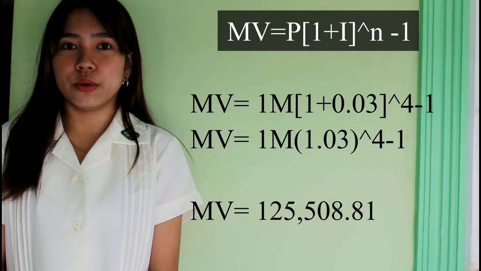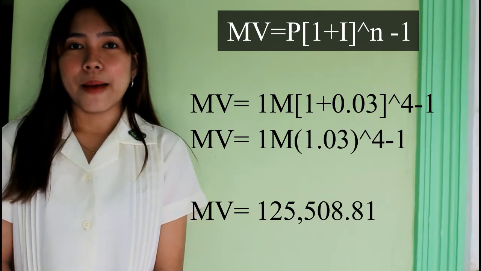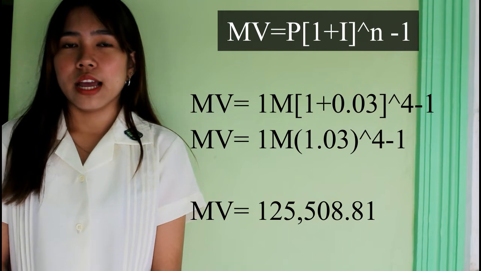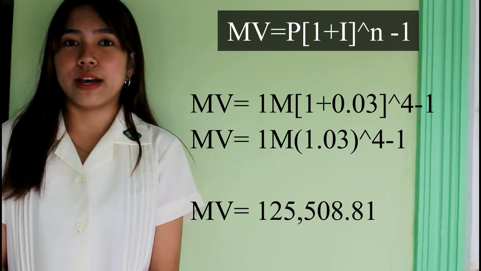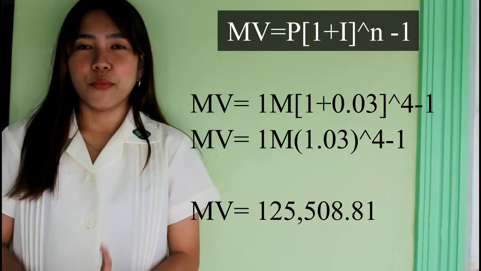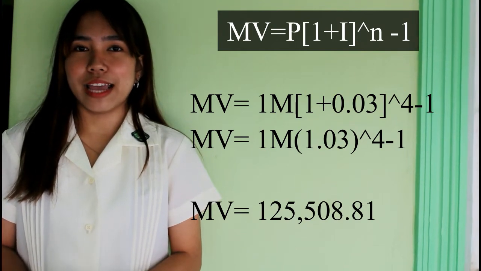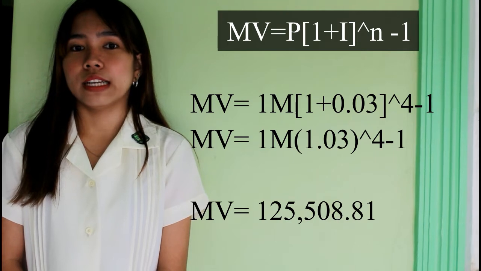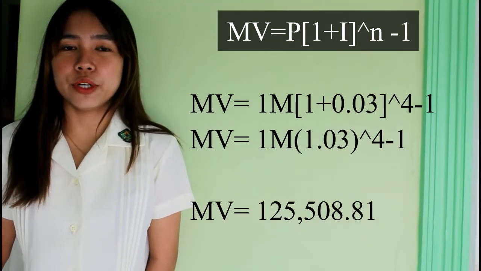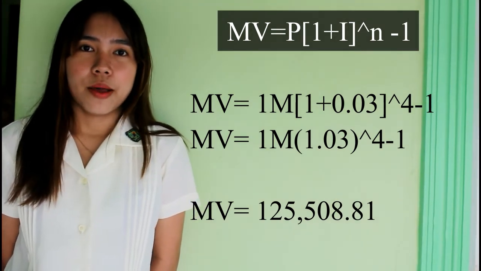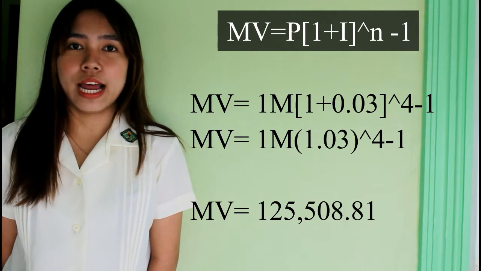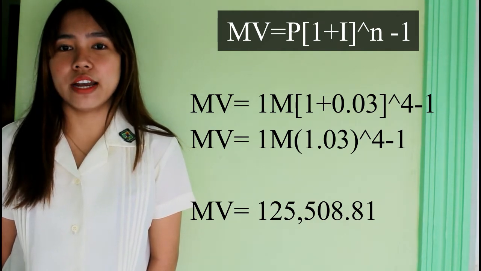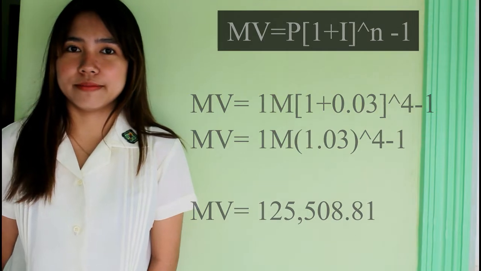Maturity value equals 1 million times 1 plus 0.03 raised to 4, minus 1. The total for 2 years is maturity value equals 125,508.81.